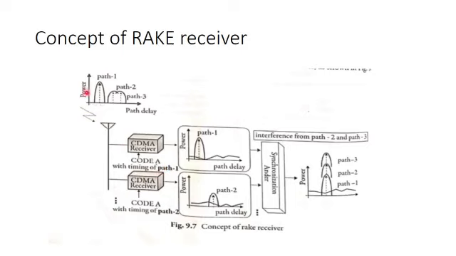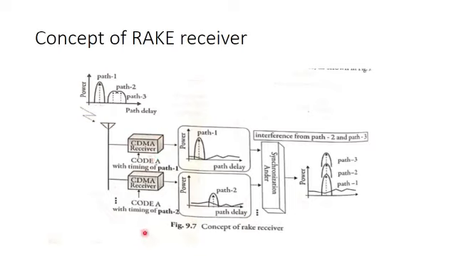Here you can see that it has three paths: path 1, path 2 and path 3. These are the different multipath signals. These signals are received at the receiver at different times. So for each path it uses a separate CDMA receiver.